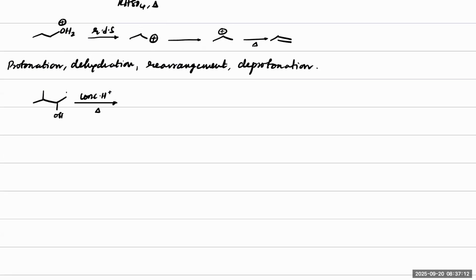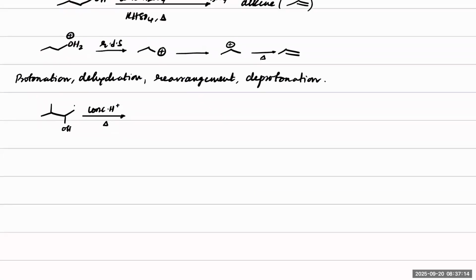The first step is always the formation of carbocation. Then the second step is rearrangement. So a hydride shift, a 1,2 hydride shift, will take place. Once you get a proton transfer here, then you will get an alkene form.